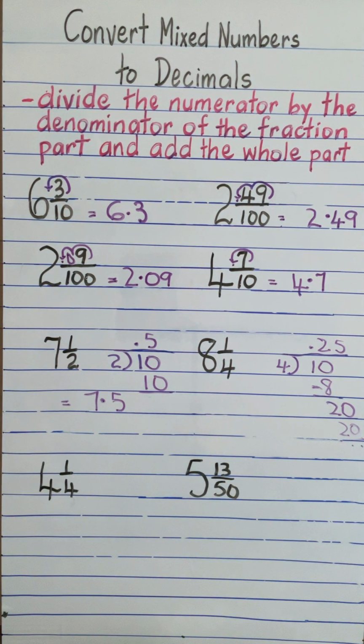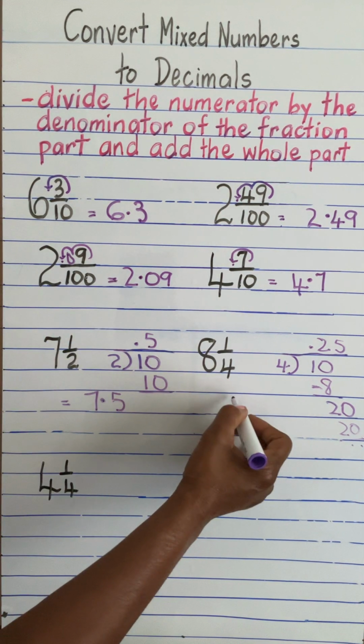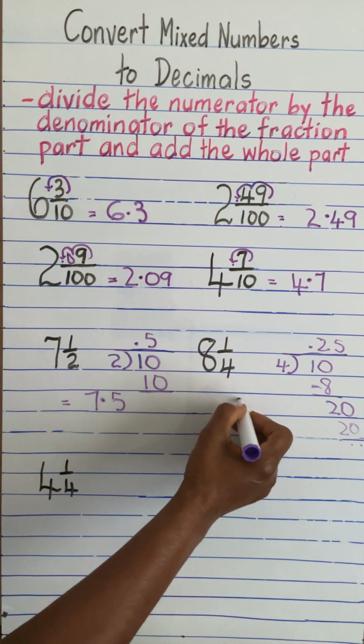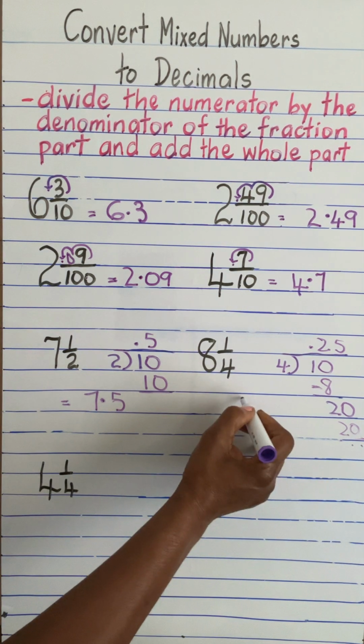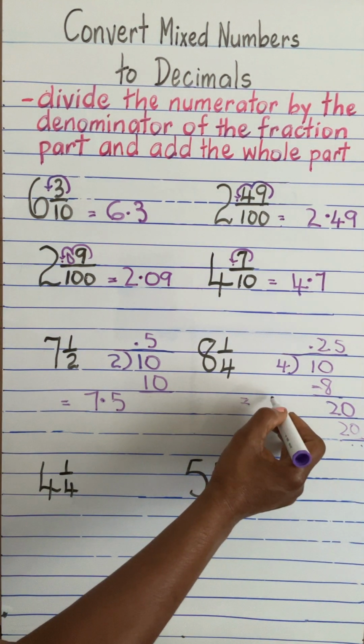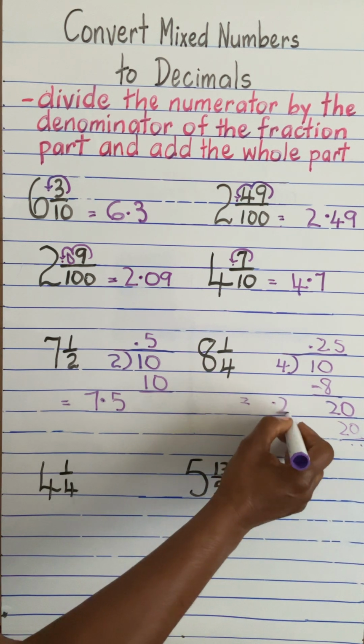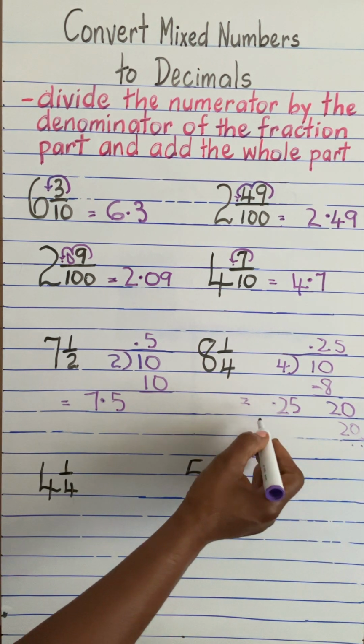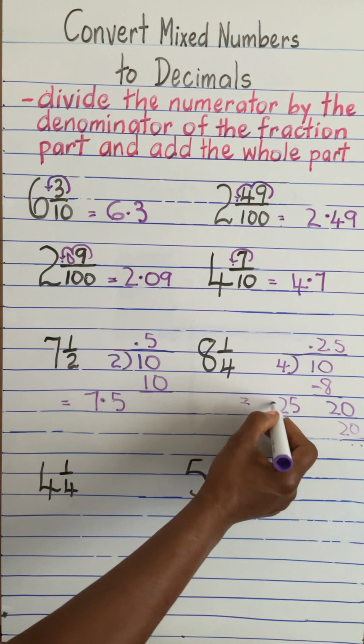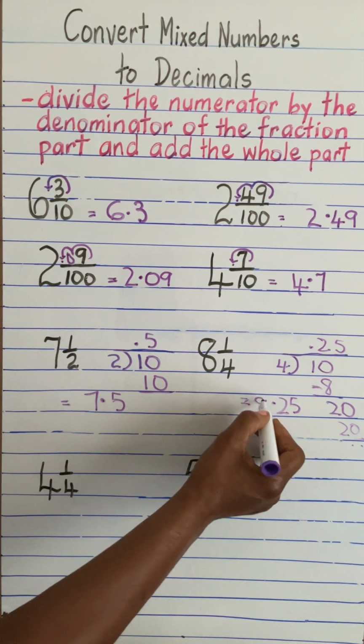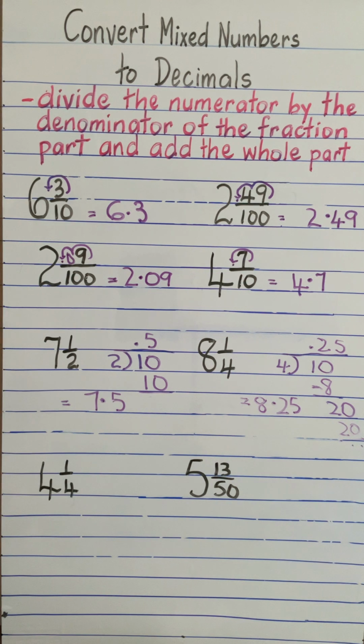So therefore, a quarter is equal to 0.25, and we have the whole part, which is 8. So 8 and 1/4 is equal to 8.25.